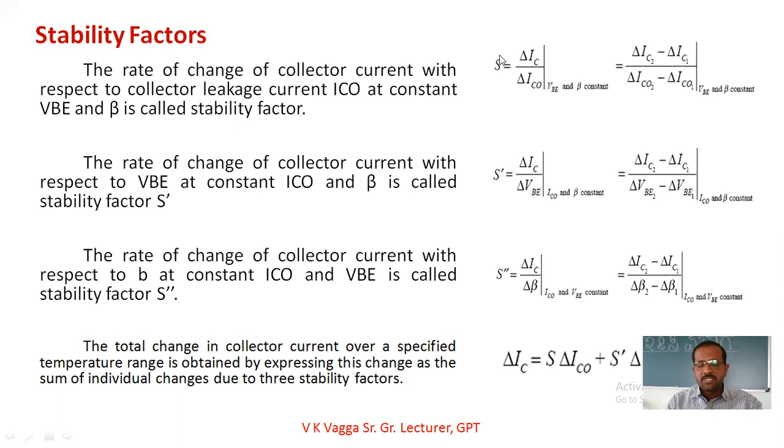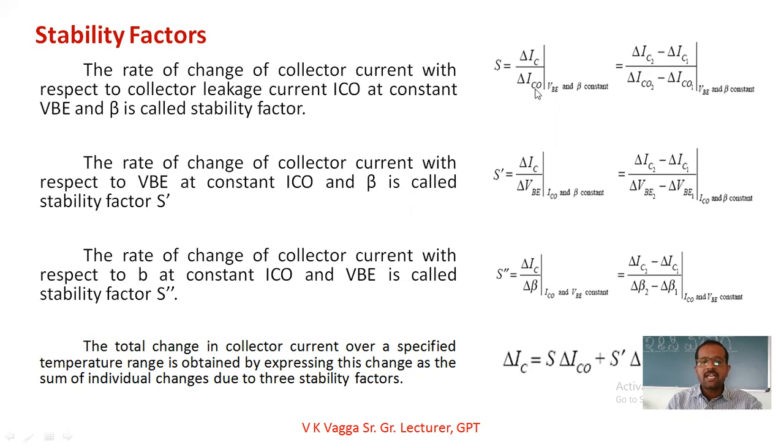It is represented as S equal to delta IC over delta ICO. Delta IC is the change of the collector current, equal to delta IC2 minus delta IC1. It is the change in the output current: the first value obtained, the second value obtained, and the difference gives the change of the collector current.